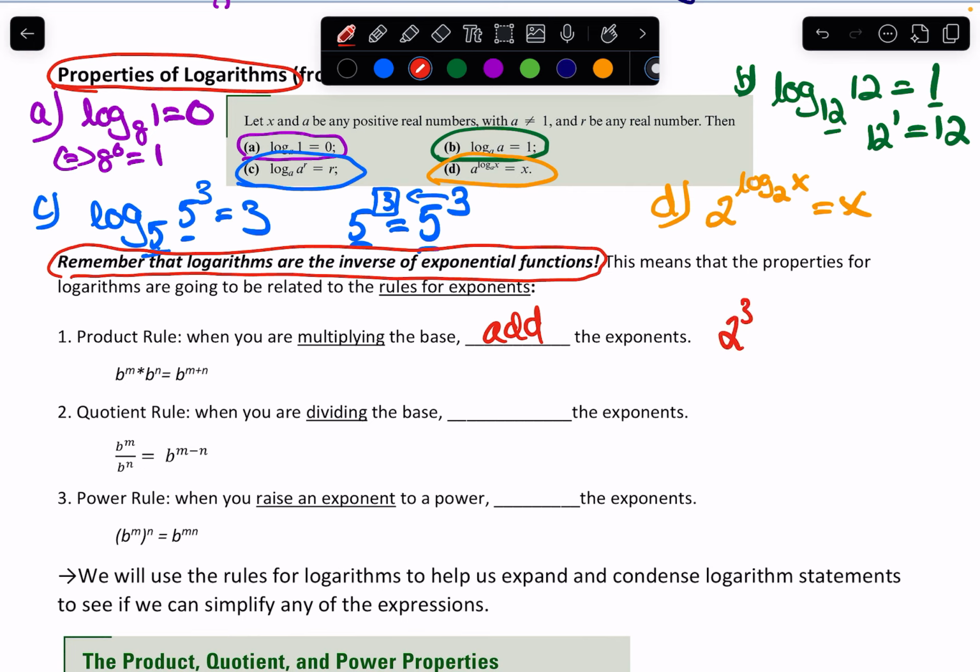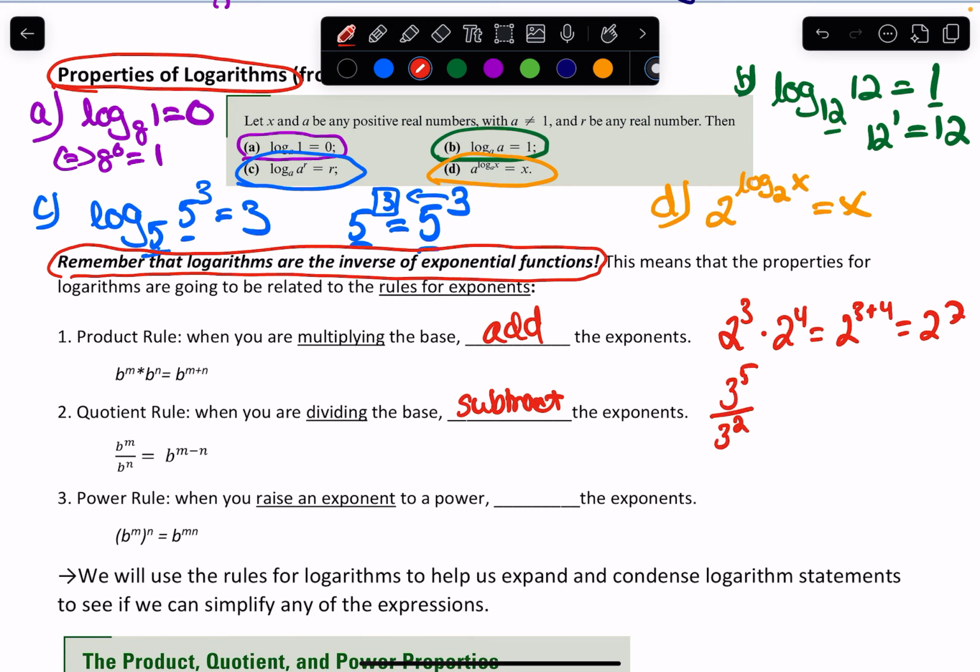Now, our quotient rule is when you are dividing the base, we subtract the exponents. So if we have 3 to the power of 5 over 3 to the power of 2, we do 3 to the power of 5 minus 2, which is 3 to the power of 3.